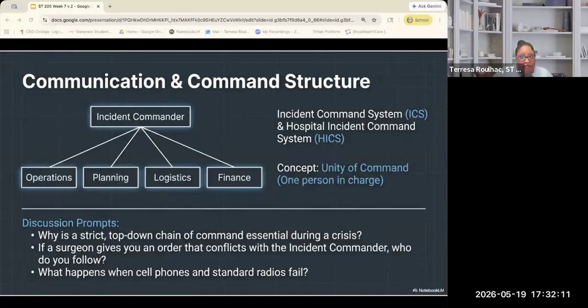But here's a conflict. If a surgeon gives you an order that conflicts with the incident commander, now we're like, oh my goodness, who do we follow? That question was meant to be uncomfortable, okay? Because we're trying to follow the hospital chain of command.